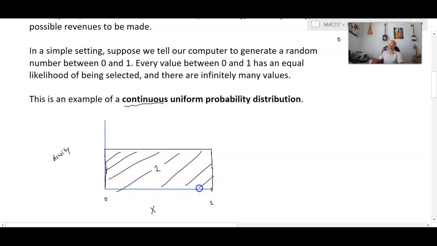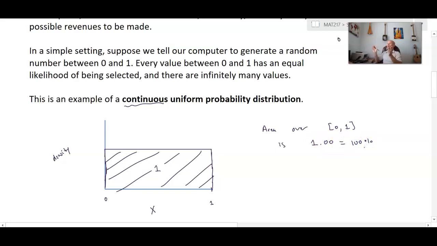Why is that true? Well, if we think about the density as if I find the area between a certain range, for example, the area over the interval beginning at 0 and ending at 1, is 1, which is 1.00, which is 100%.